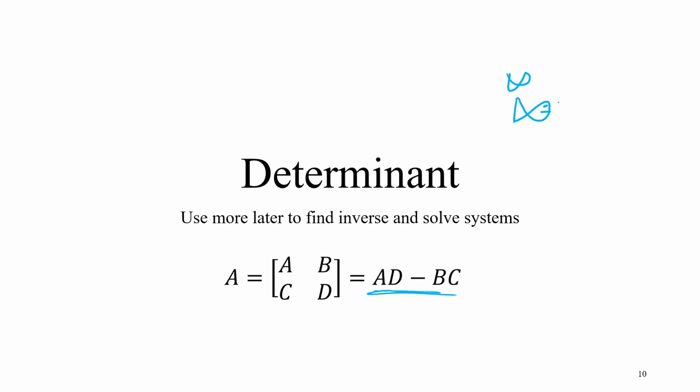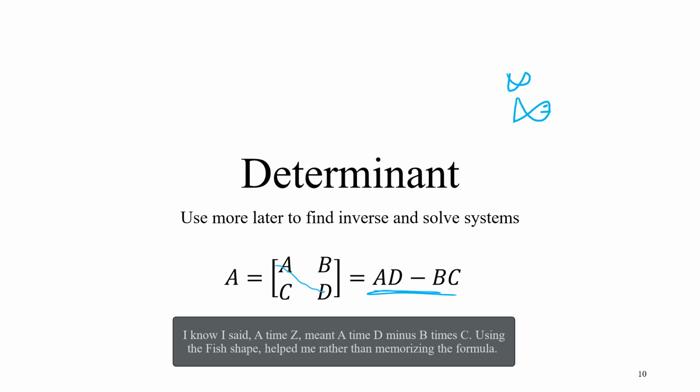We can do the same thing here. So it's A times D, B times C, and there's your fish. And so you have A times D minus B times C. You can use the fish shape to get the formula without memorizing which position is A and B and C and D.